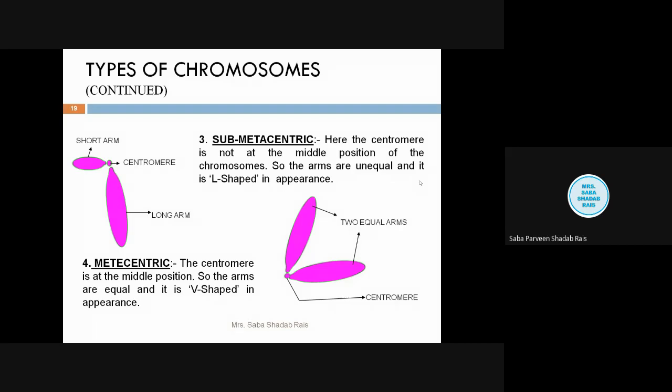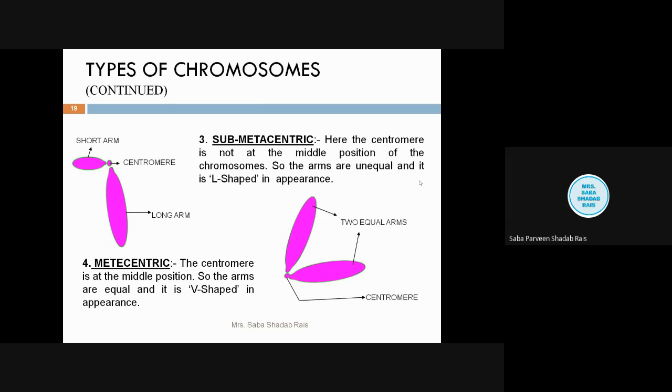Now, on the basis of the number of centromeres present, chromosomes are classified as monocentric. That means the human or whatever species, they have one centromere. Understood? So generally all the chromosomes are monocentric only.